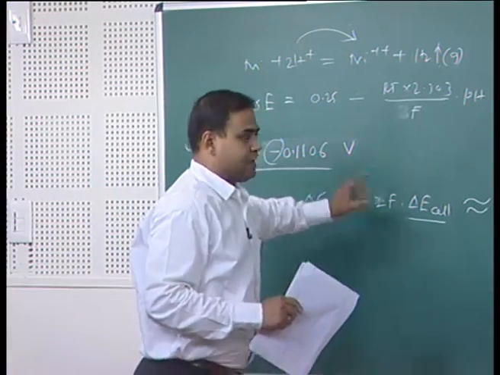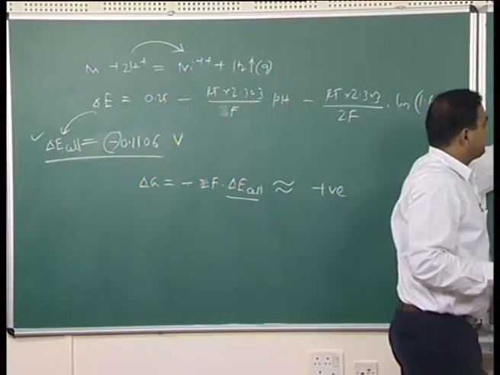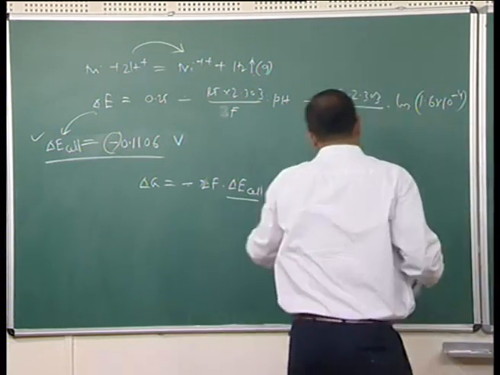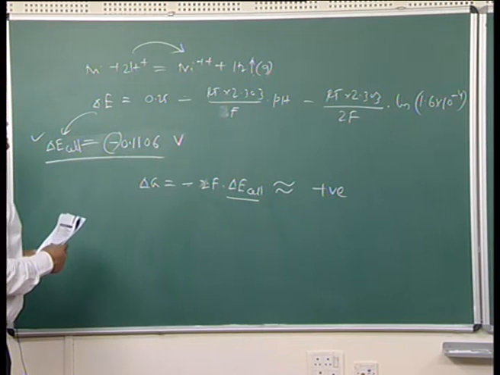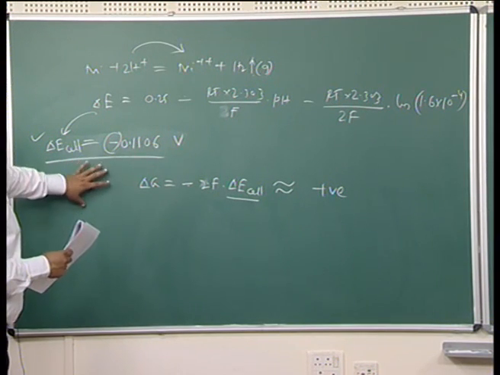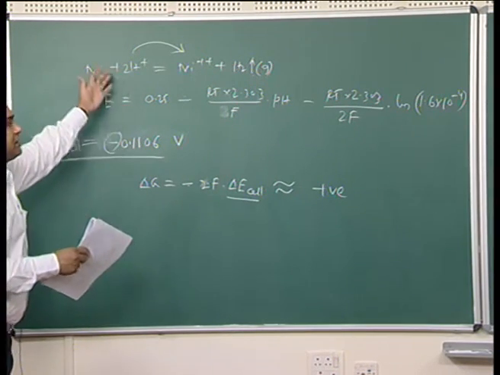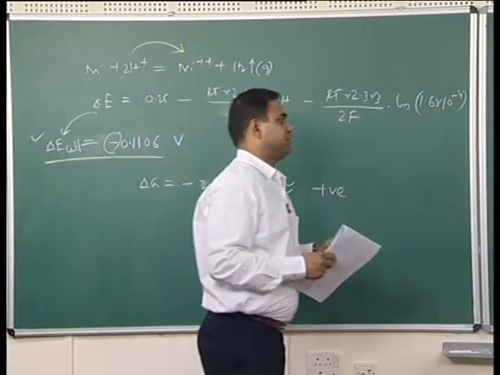So this is one example. By applying the knowledge what we have gathered, the del G 0, del G, E0, E, as well as the reaction equilibrium constant, we can have all those values combined together, and we can have some idea of the feasibility or the spontaneity of a reaction.